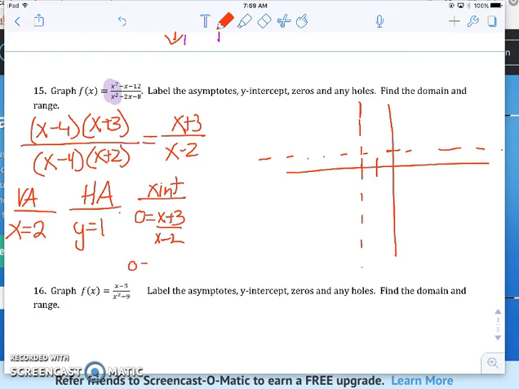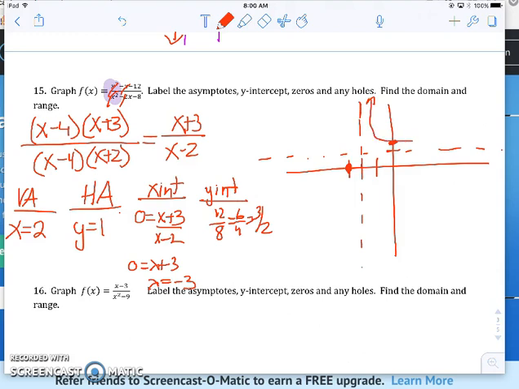So that means 0 must equal x plus 3. So it's at x equals negative 3. 1, 2, negative 3. Our y-intercept, plug in 0 for x, and I'm just going to go to that original one, so negative 12 over 8, so 12/8, 6/4, so 3 over 2, so 1.5.